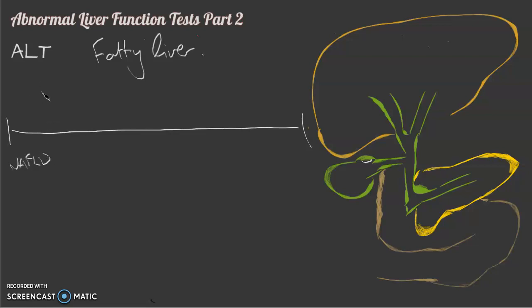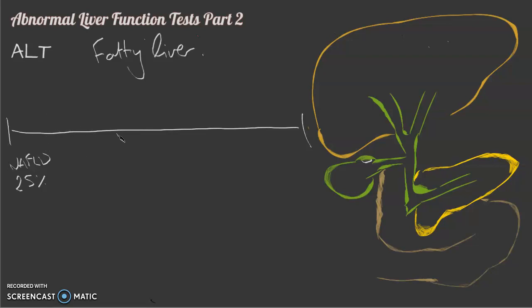Fat is processed within the liver, so if you have an increased amount of fat in the liver, that's the condition NAFLD. It is quite highly prevalent in society. Some studies suggest 25% of the population have some level of fatty liver disease. So at the mildest level it is quite common.